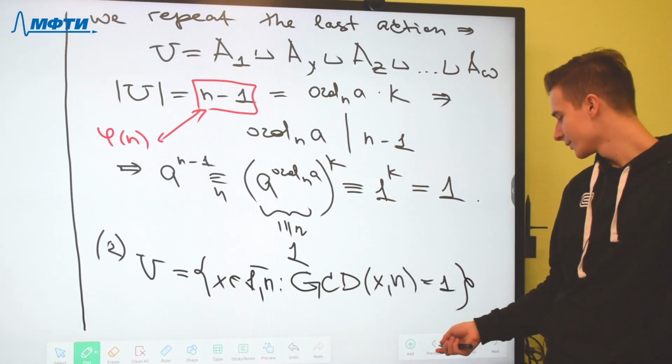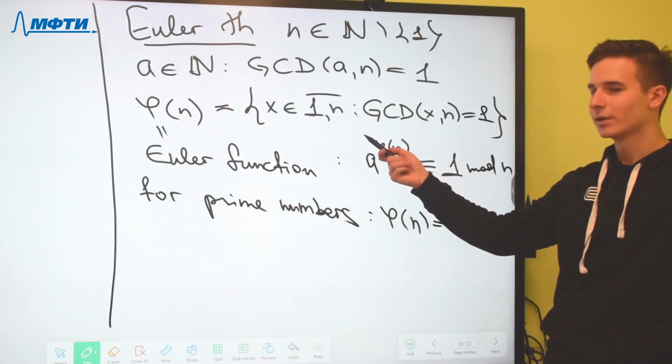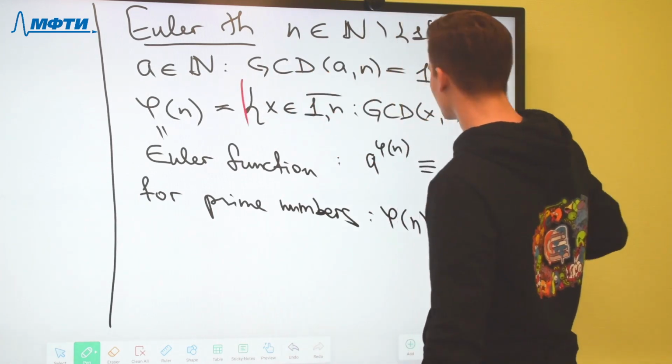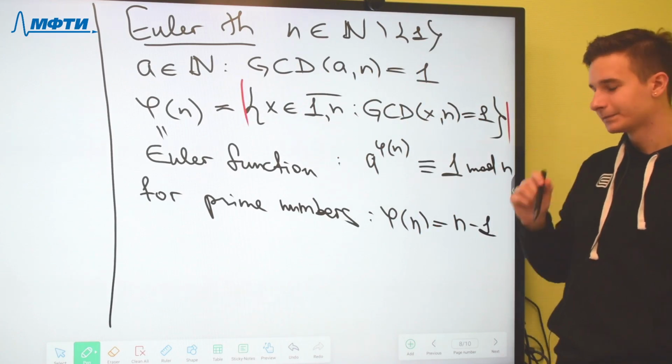Do you remember the definition of phi of n? Yes, it is the number of such integers.